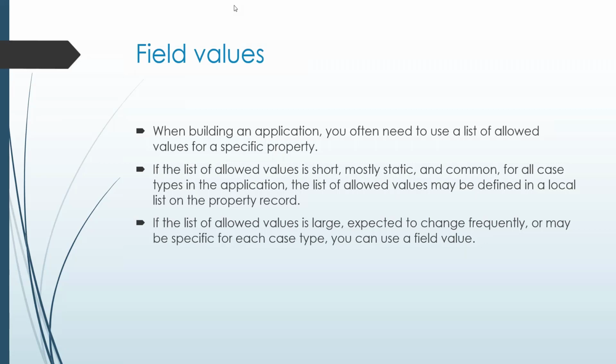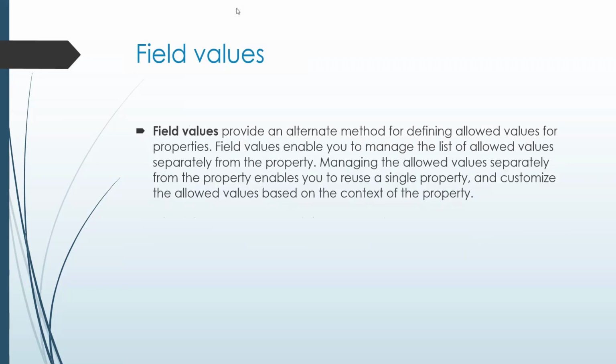Which is probably not a good approach, isn't it? So instead of the local list, we use an alternate method called field values. Field values are a separate rule type. Instead of having the values associated to a property, we create these as separate entities, so I can manage them separately.